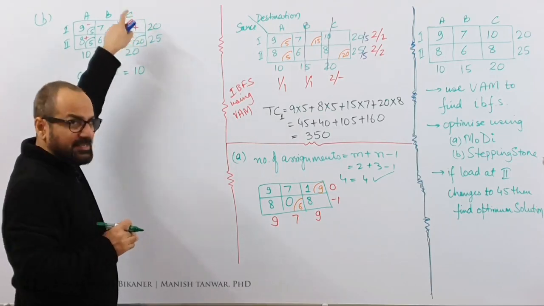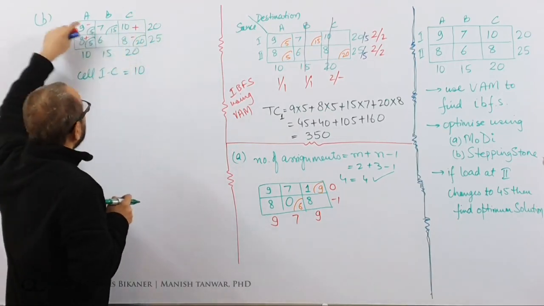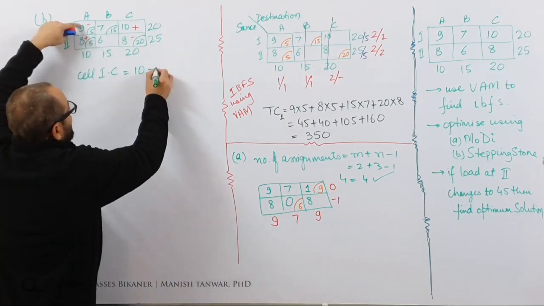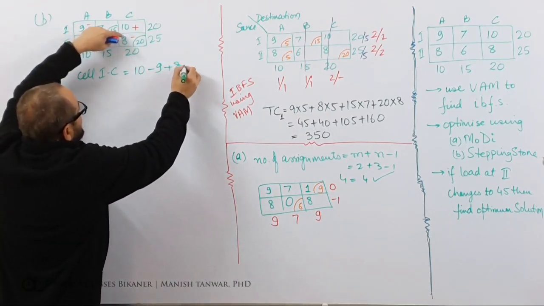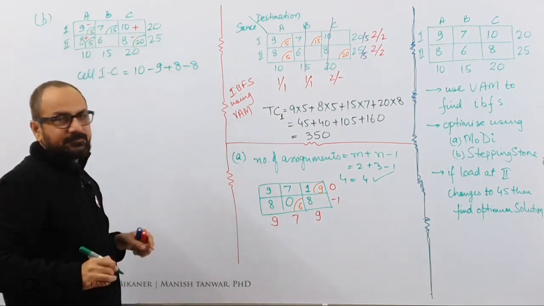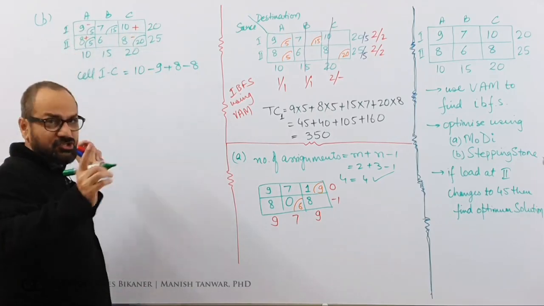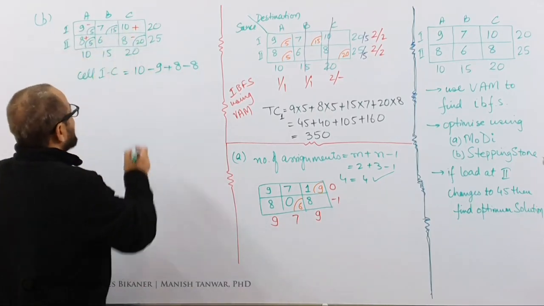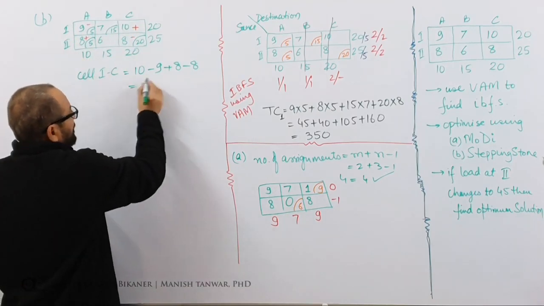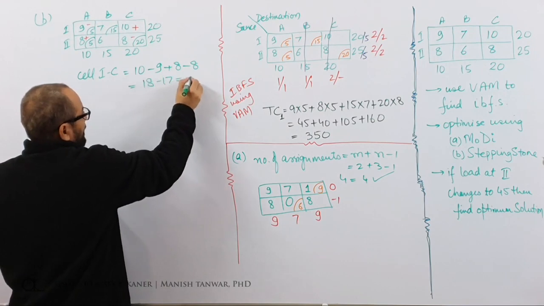So putting a step over here increases my cost, my distance, by 10. But then this decreases my cost by 9. This increases it by 8 and this decreases it by 8. So plus 10 minus 9, plus 8 minus 8, giving me a potential of 10 and 8, 18, minus 17.